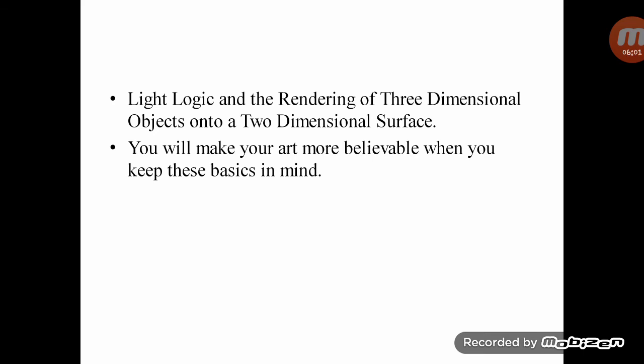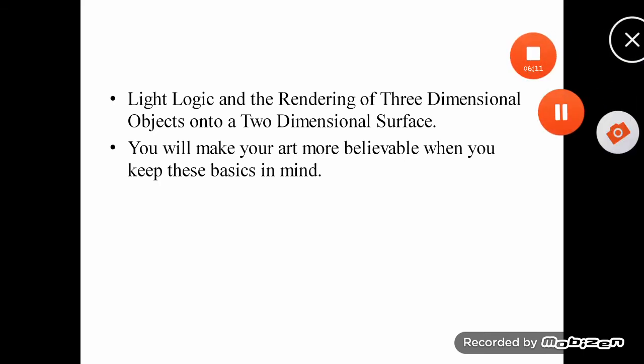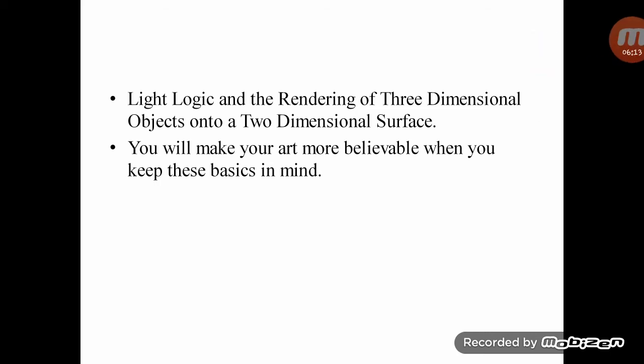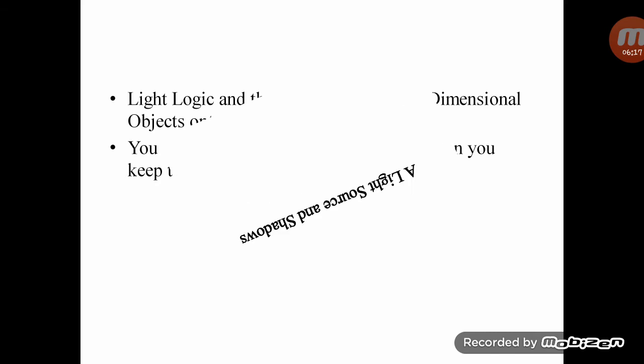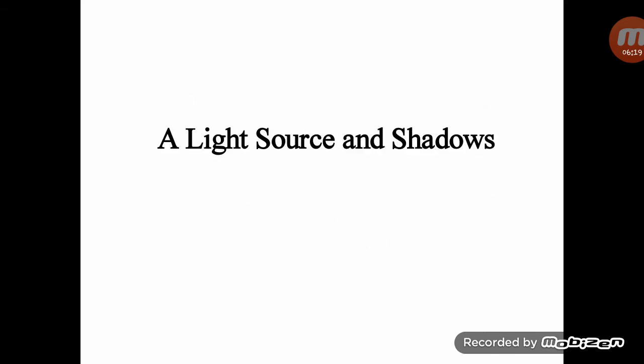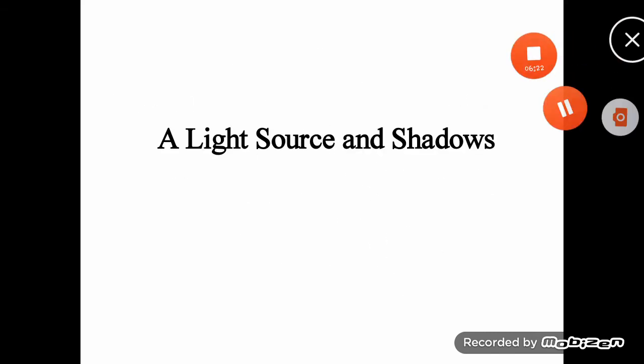Light logic and the rendering of three-dimensional objects onto a two-dimensional surface. You will make your art more believable when you keep these basics in mind. A light source and shadows.